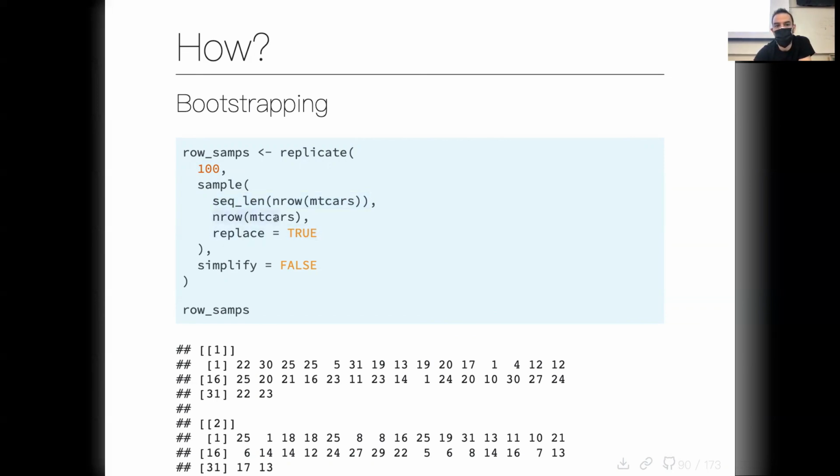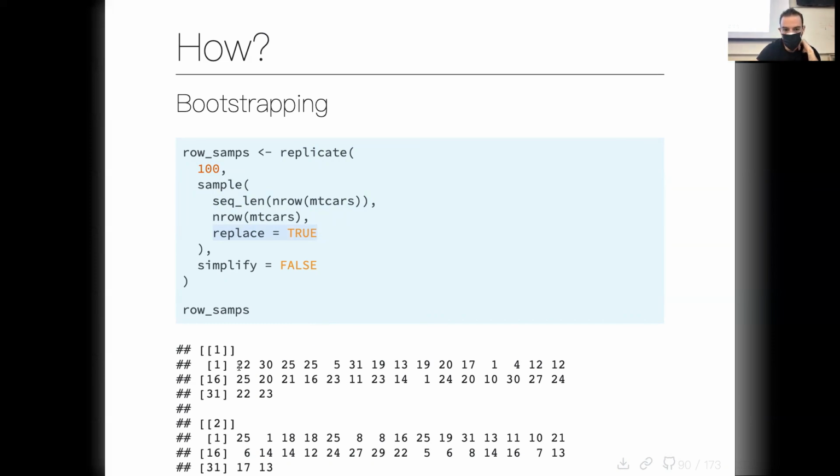Then how many I'm pulling out is nrow cars. So let's say cars has 52 rows, right? This would say sample the numbers 1 to 52 with replacement. So pull a sample of 52 from the numbers 1 to 52 and replace equals true, right? So some numbers will be in there multiple times, others won't be at all.